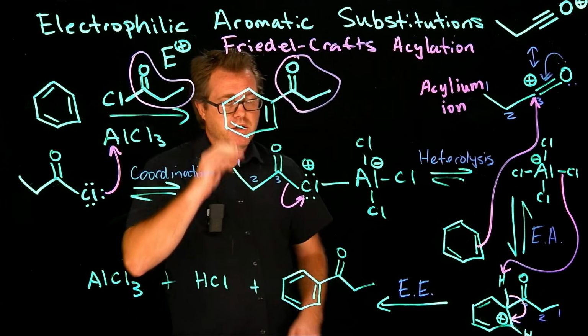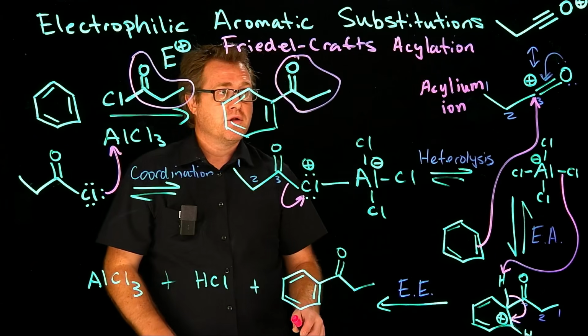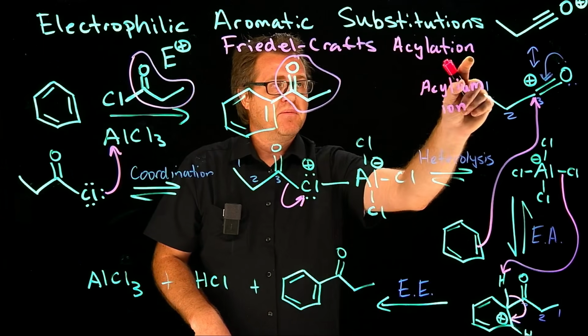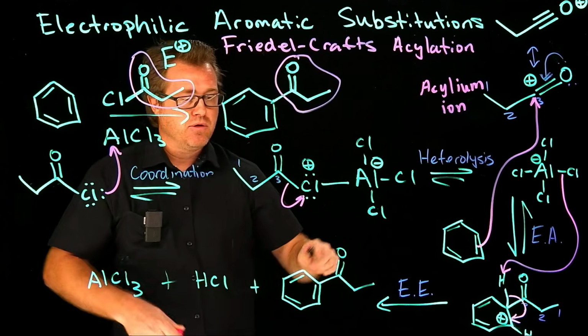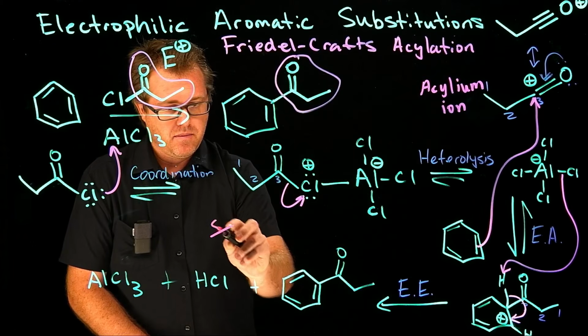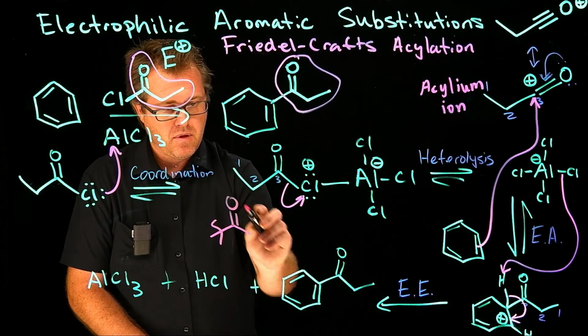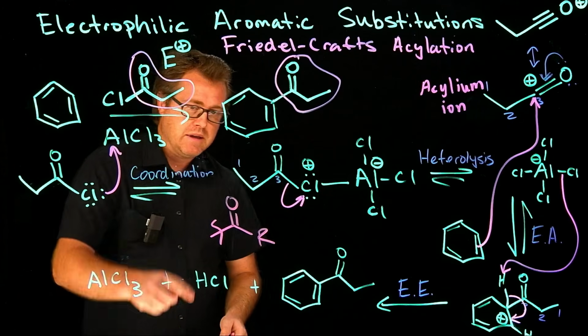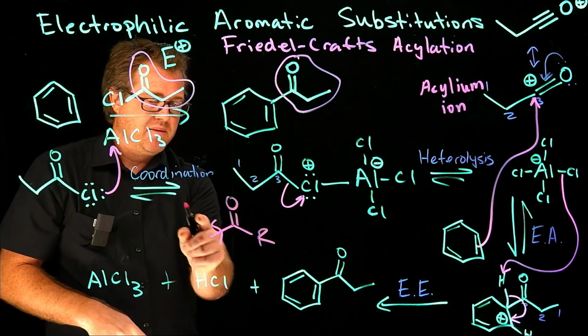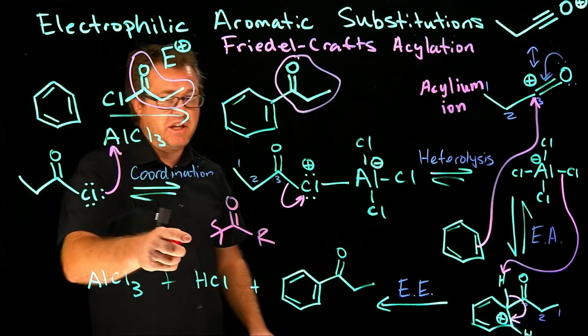So what I want to do is just compare and contrast the Friedel-Crafts acylation. What does acylation mean? An acyl group is this. I do this little squiggly because it's attached to something that I don't necessarily need you to see.